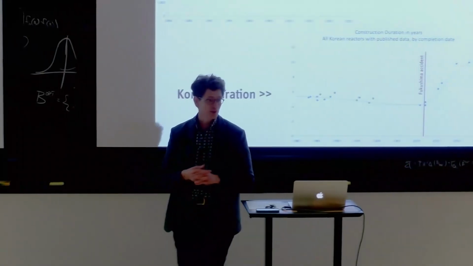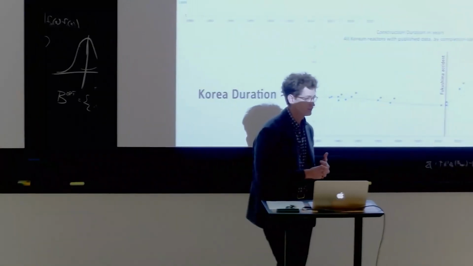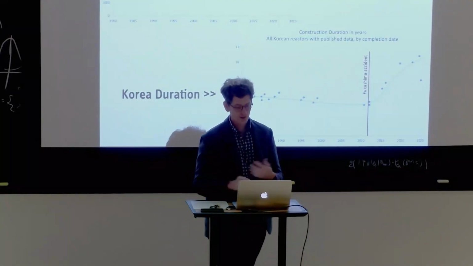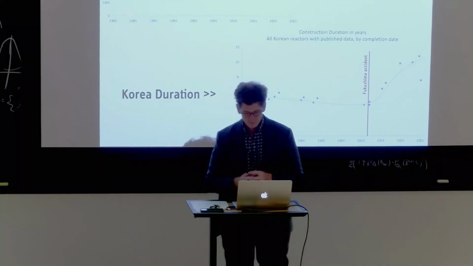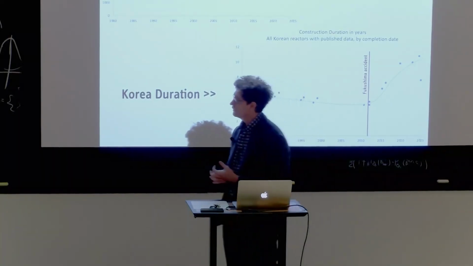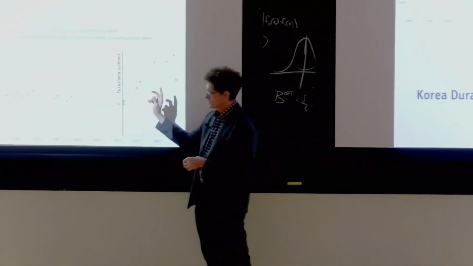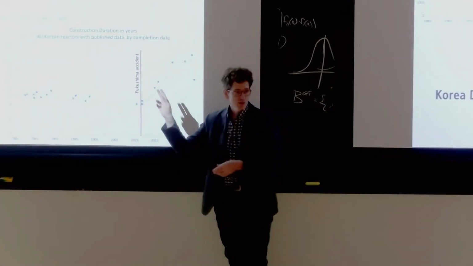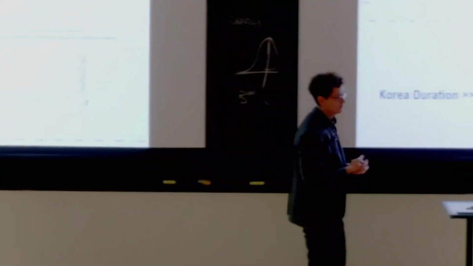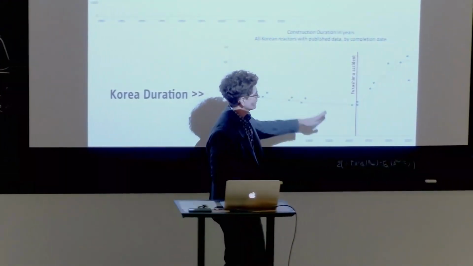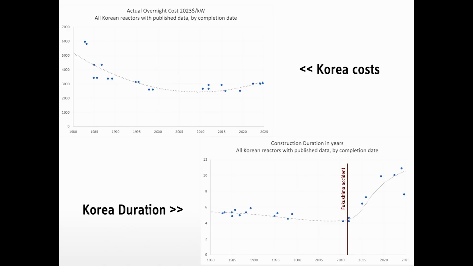About 23% of the time, their reactors are being shut down for maintenance and service. Again, in the US, only 1% of the time. Then there were safety standard increases for the designs after both the Fukushima and Gyeongju earthquakes that they implemented. And all of this has basically driven the price up and the construction duration up.